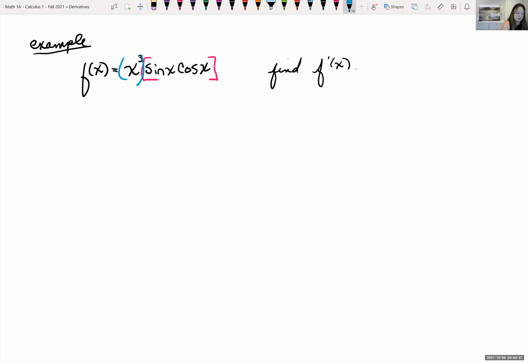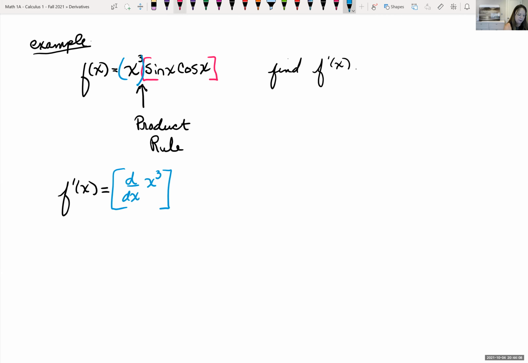And so I'm going to have to use this product rule. And within the product rule, I'm going to also have to use the product rule. So I'm going to write this down first without taking the derivative, so I don't miss anything. So I'm taking the derivative of my first function, x cubed, times my second function, which I wrote as sine of x cosine of x.